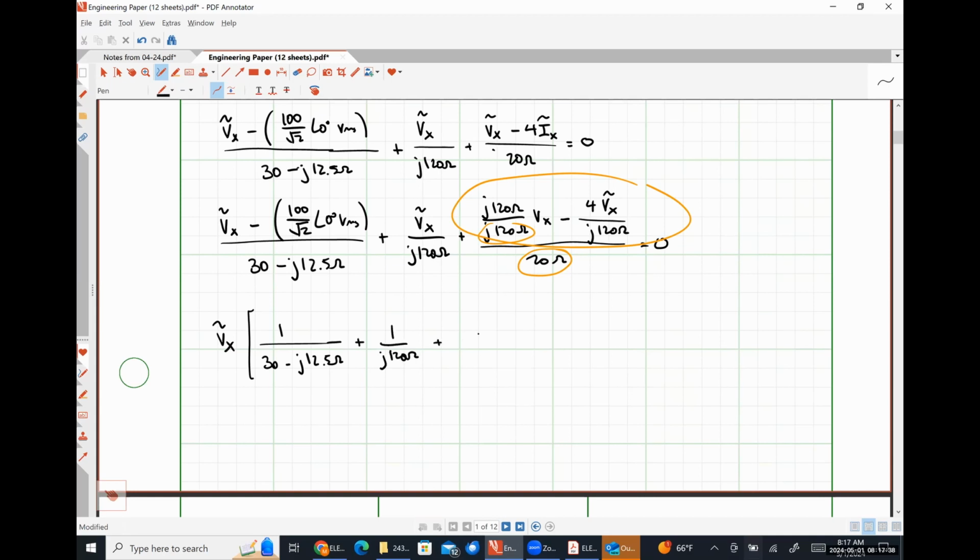And now I'm going to have j120 minus 4 divided by j120 divided by 20.